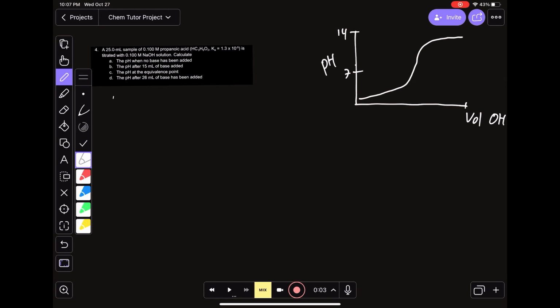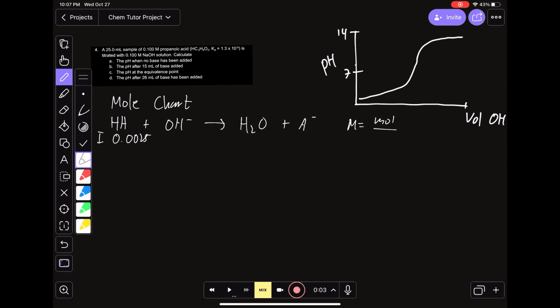Okay, same thing, add a mole chart. And we use the same reaction, HA plus OH minus yields water plus A minus. HA initial is 0.0025. OH minus, it says we've added 26 mils of base. To calculate that, remember, molarity is equal to moles over liters.